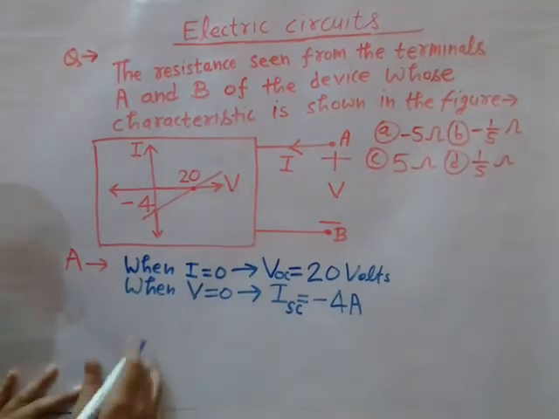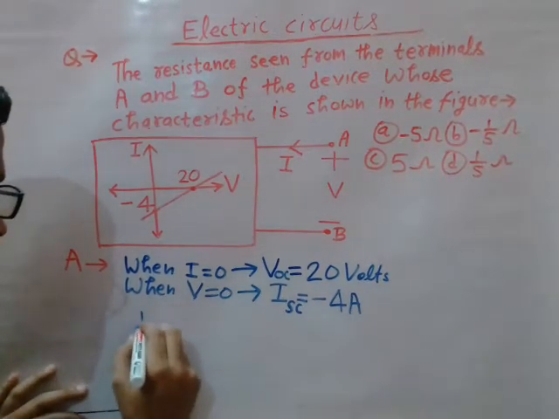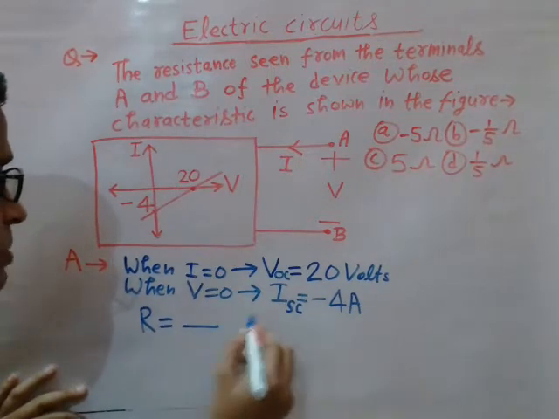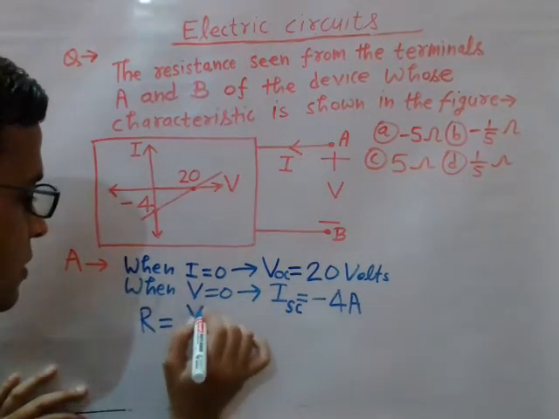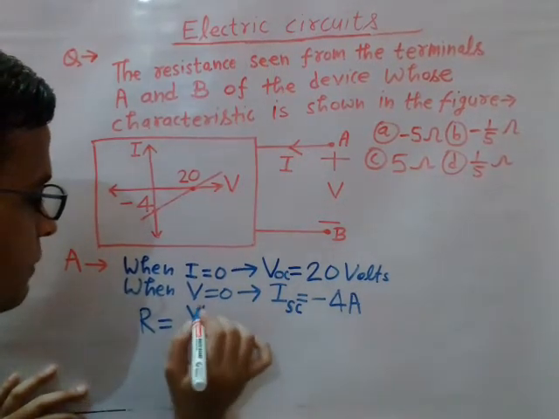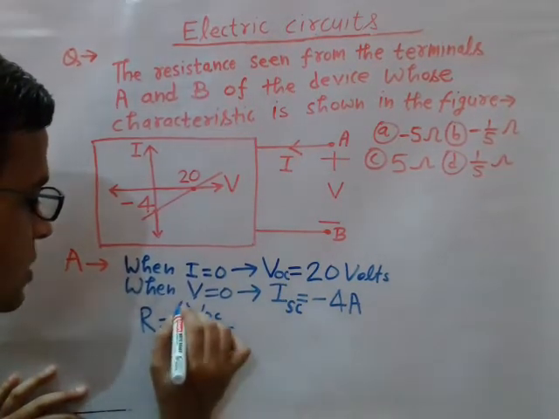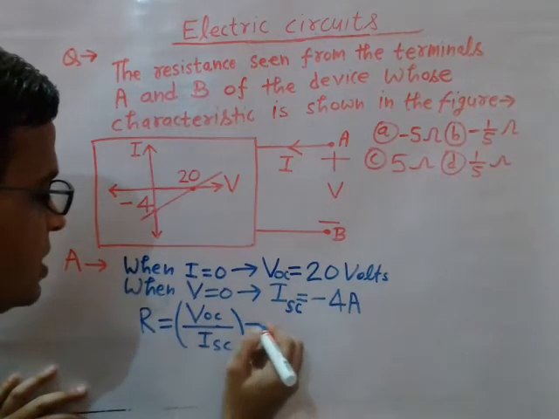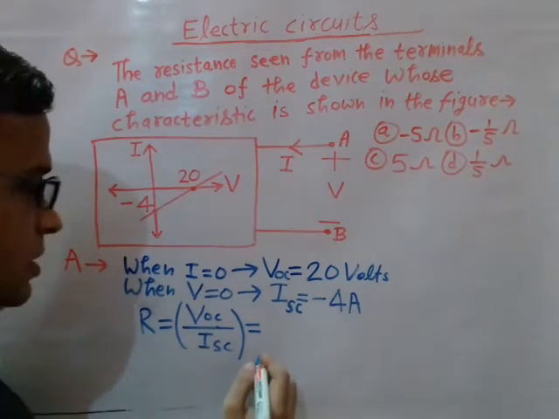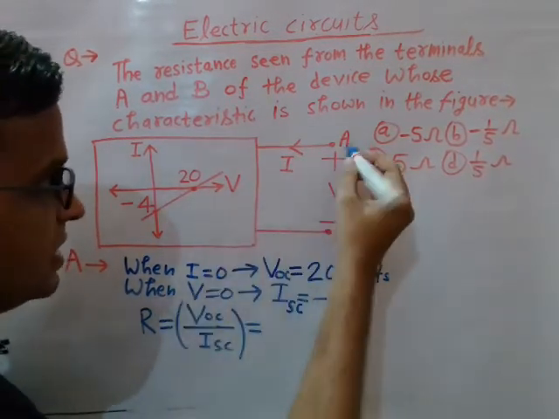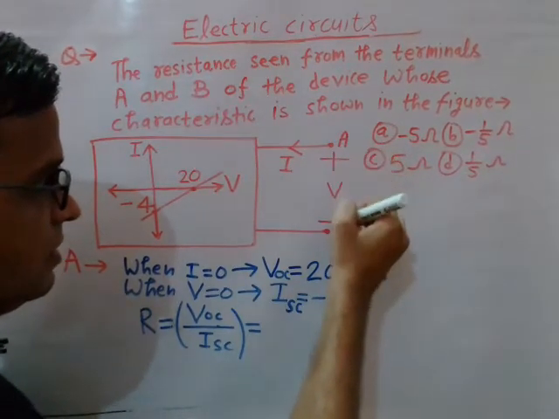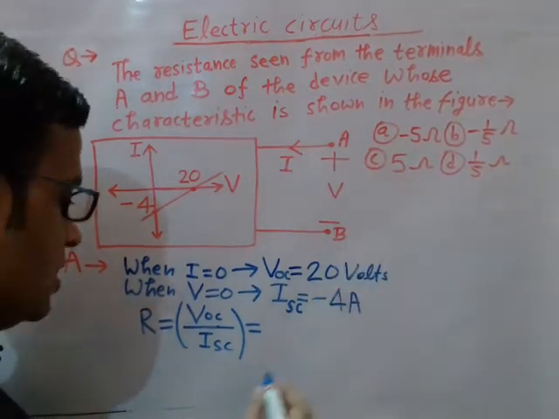So the corresponding resistance will be nothing but the ratio of these two, right? VOC by ISC, that means open circuit voltage divided by short circuit current. That's a method to calculate this resistance from the terminals A and B, right?